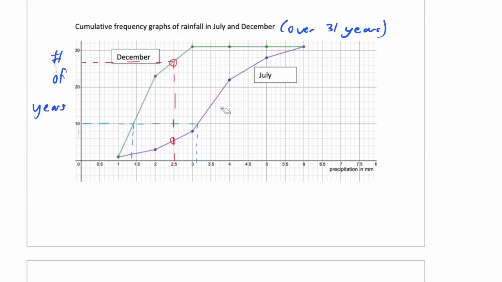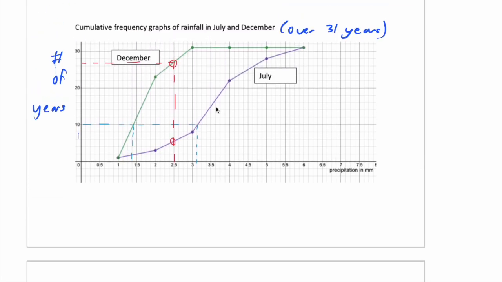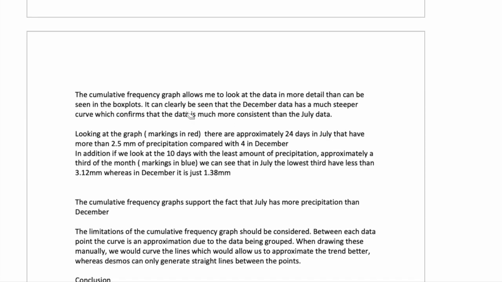Yeah, you can also say, because the purple line is more to the right than the green line, or the green curve, then it looks like July has a lot more rainfall on average, okay, because it's always below the green one. And you can compare certain percentiles as well. So let's check out what that red one is.